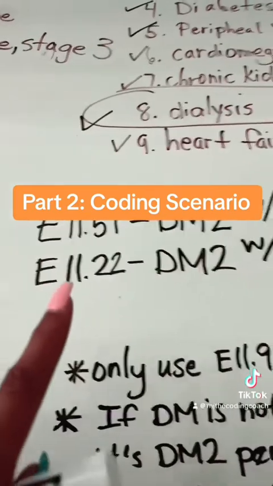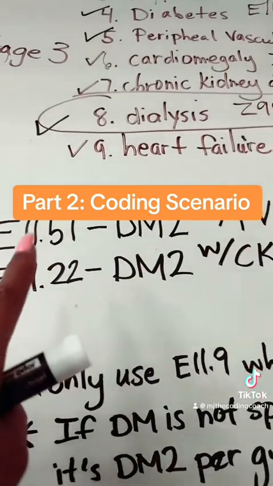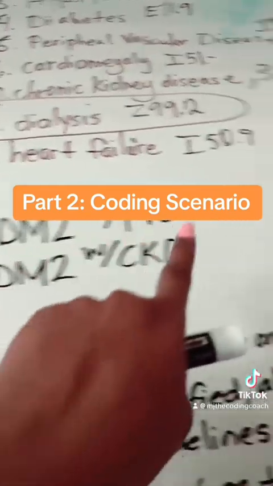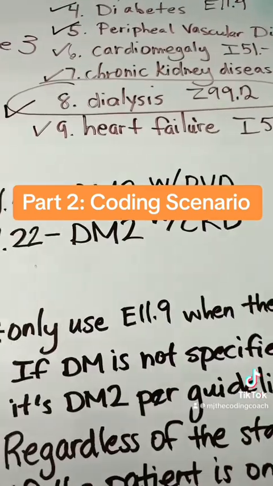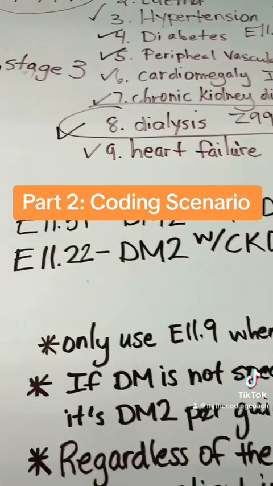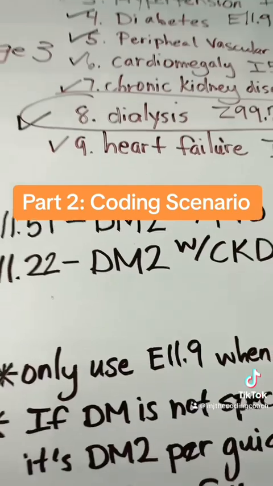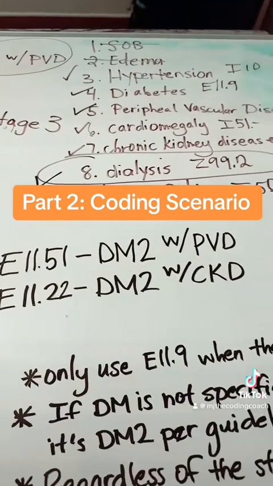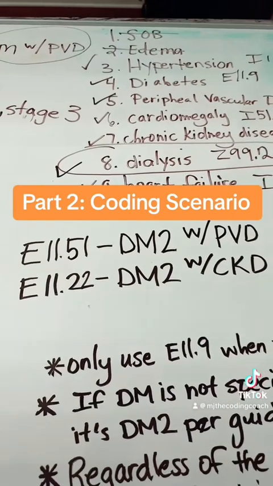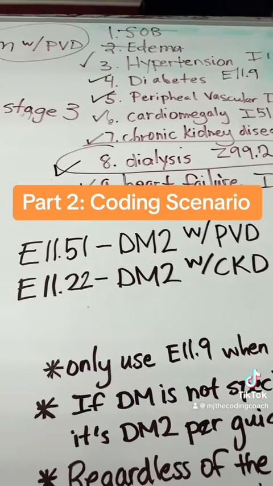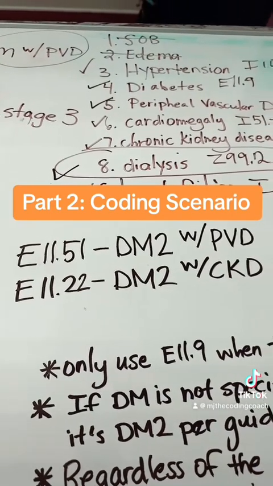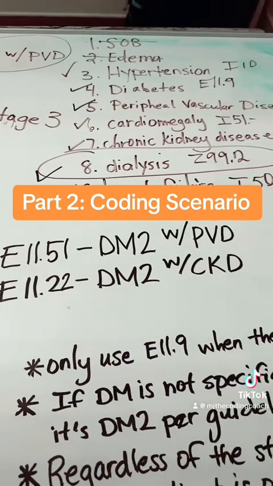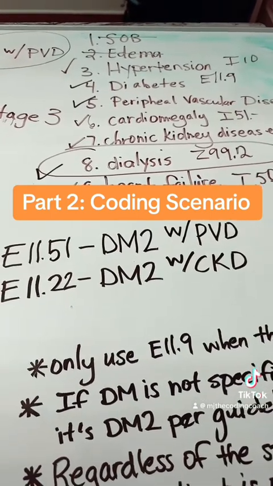Now, I have worked at some companies where they want me to use the combination code and still add the PVD code as well. Sometimes it depends on company rules, but E11.51 is very much sufficient, and it shows that this patient has diabetes and PVD. E11.22 says this patient has diabetes with CKD.